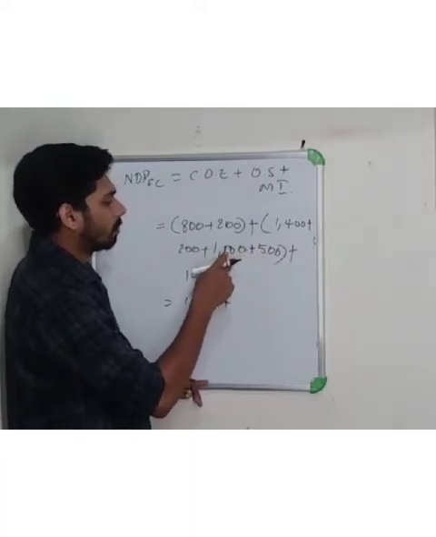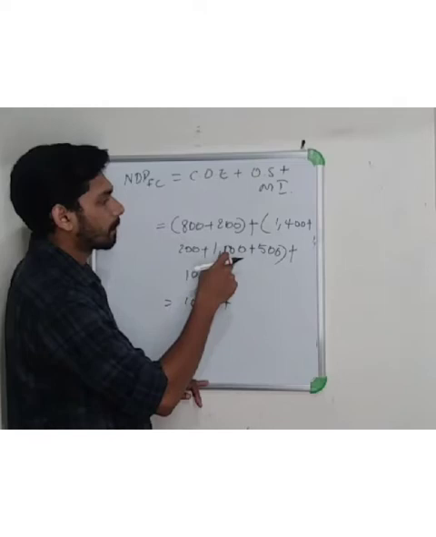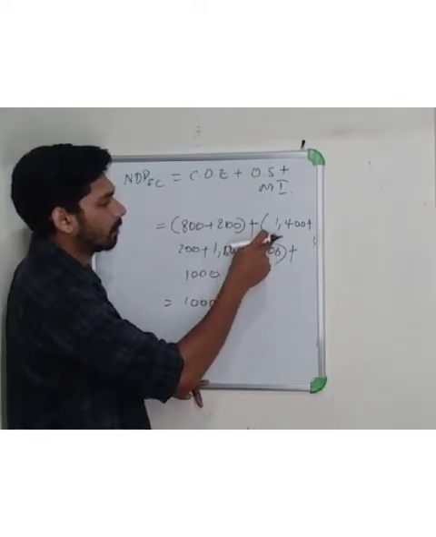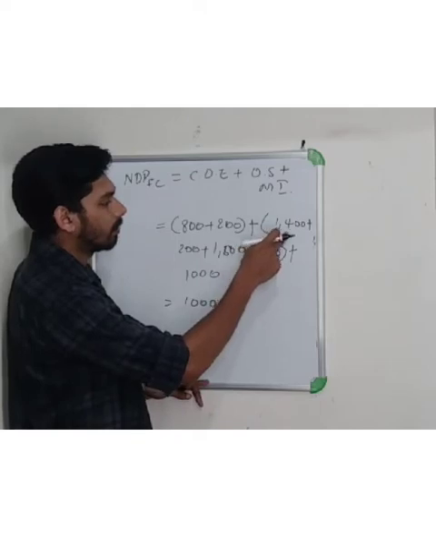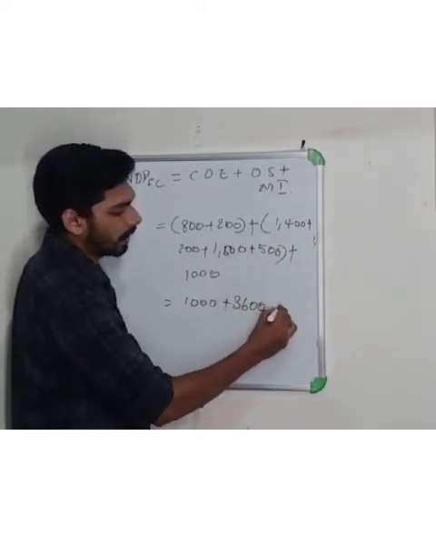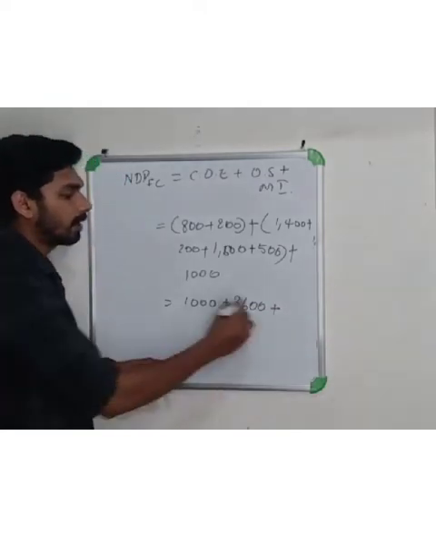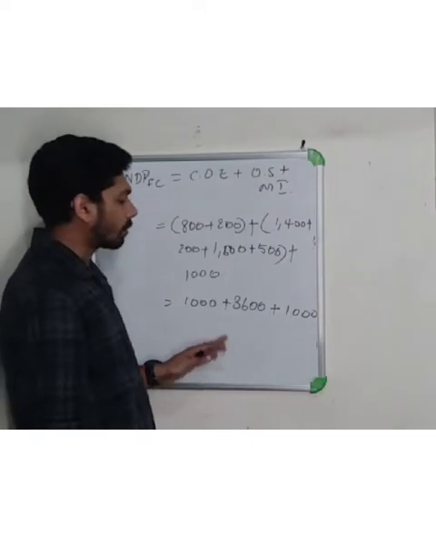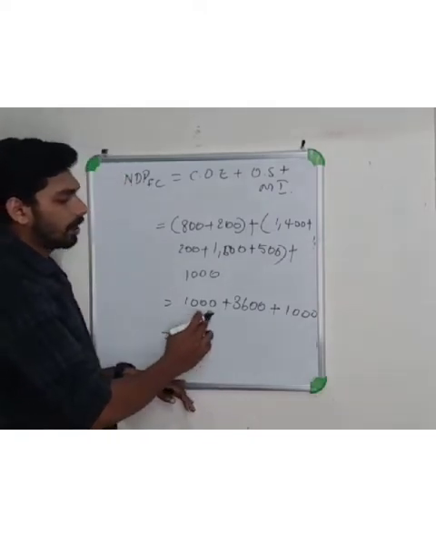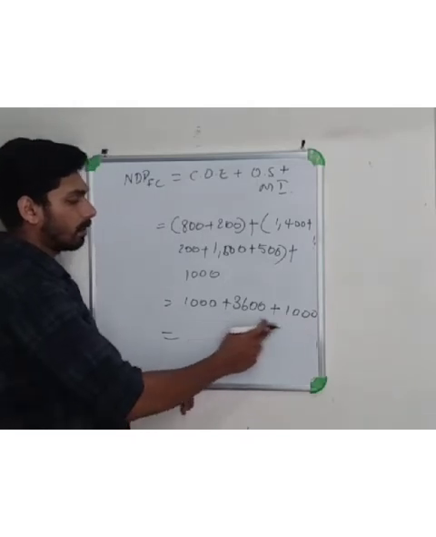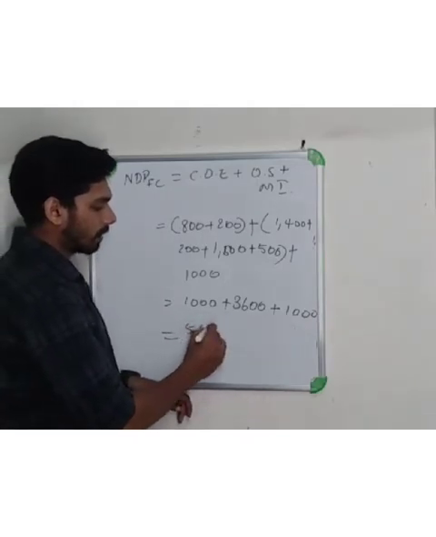That is 3600. Okay, it is 3600 plus 1000, that is 5600.